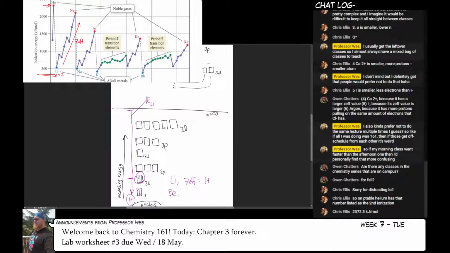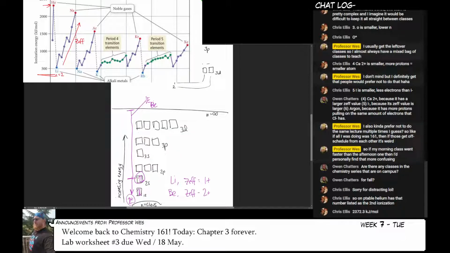But for beryllium, Z effective is 2 plus. So that would be a 2 for beryllium, which means that I have to pull harder. So the ionization energy for beryllium should be higher than lithium. And you can see on my little diagram up here, it totally is.